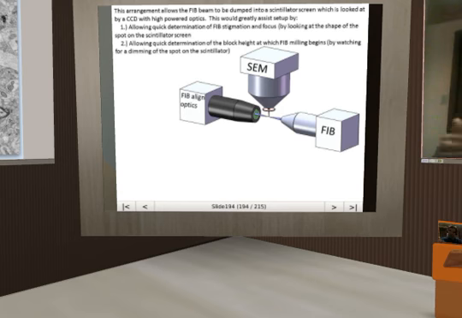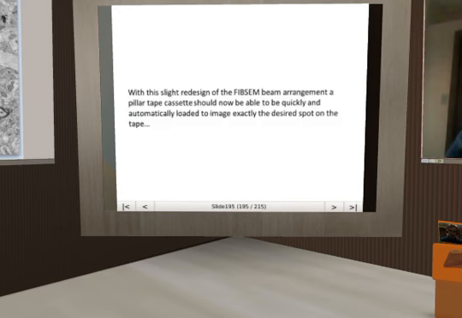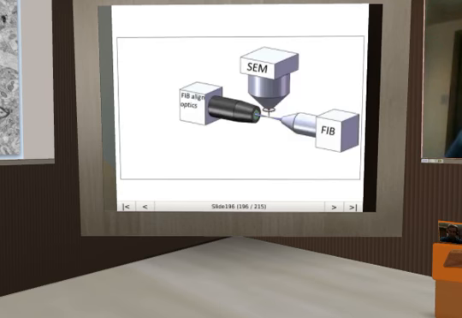So remember that to mill 5 nanometers off the top surface of a block of tissue, you have to be very precise about where the focused ion beam is relative to that block. With this slight redesign of the FibSim arrangement, a pillar tape cassette should now be able to be quickly and automatically loaded to image exactly the desired spot on the tape.